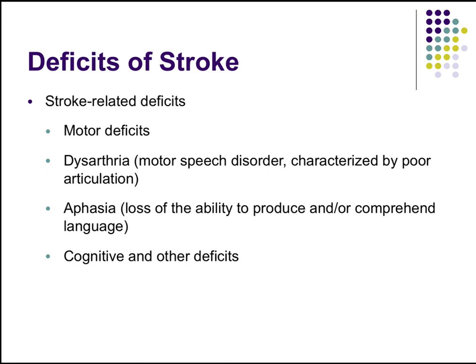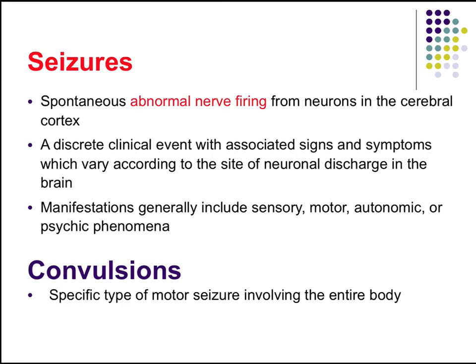Or you can have aphasia. This is loss of ability to produce or comprehend language. So we have expressive aphasia, where you have difficulty producing language, and then receptive aphasia, which is difficulty comprehending language. And then there can also be cognitive deficits as well as others because, again, our brain does so much.